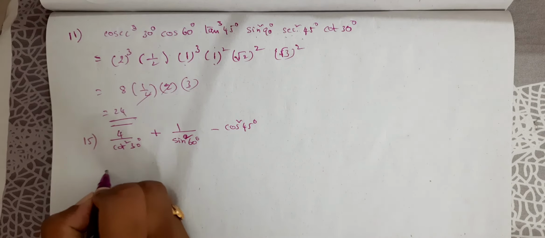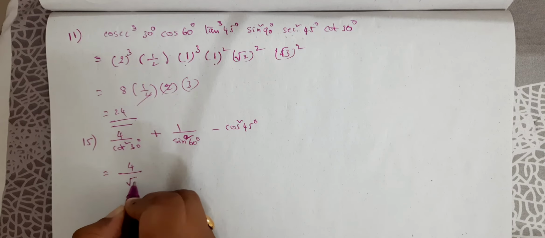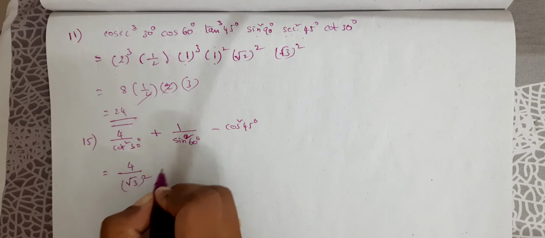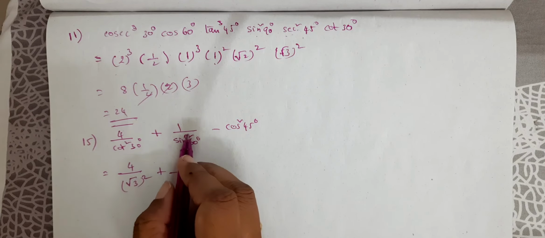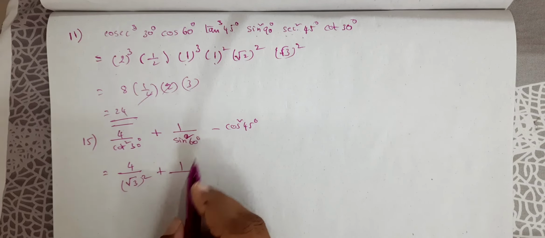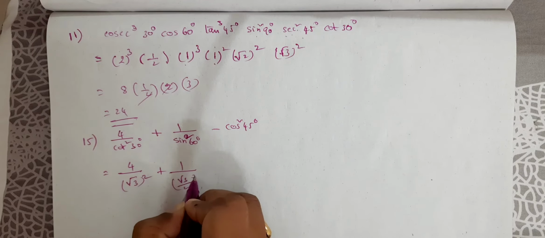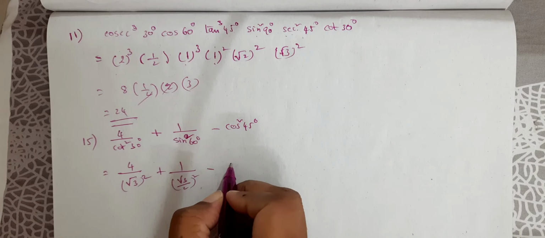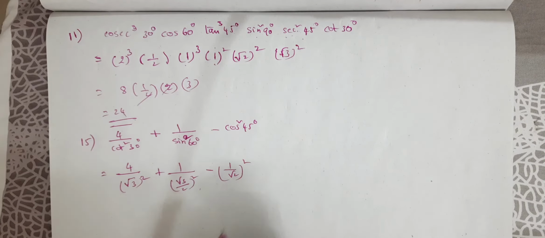Right. So now this is equal to 4 by cot 30 is root 3 whole square plus 1 by sin 60 whole square. Sin square 60 means sin 60 whole square. So sin 60 is root 3 by 2 whole square minus cos 45, it is 1 by root 2 whole square.